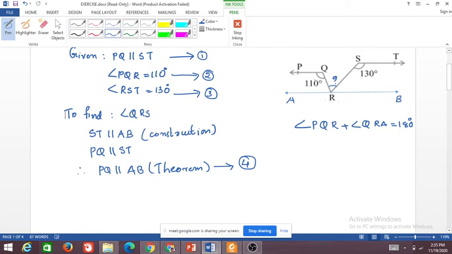So you are saying that this angle and this angle is 180 degrees. Tell me the reason. Linear pair, ma'am. Angle PQR and angle QRA, are they a linear pair? No, ma'am. So these two angles, what are they? Tell me how you got their sum to be 180 degrees.